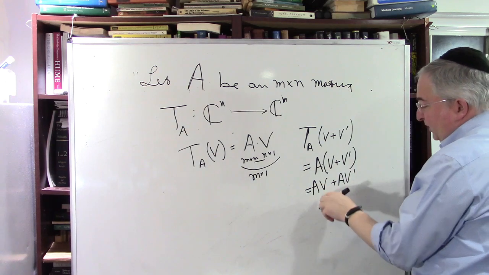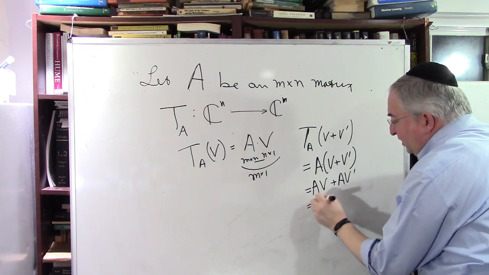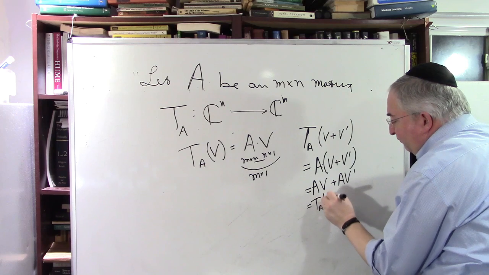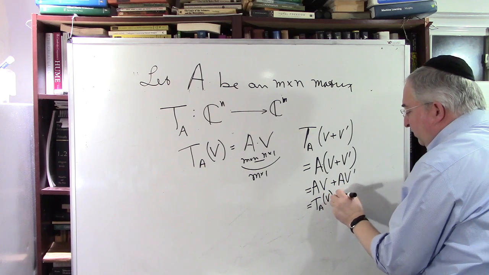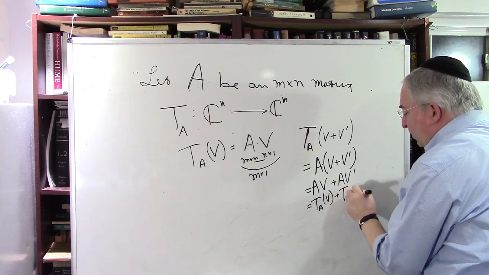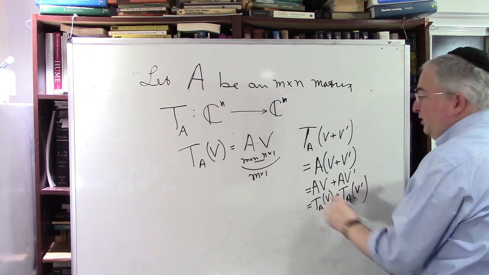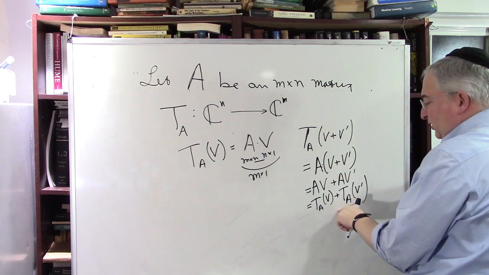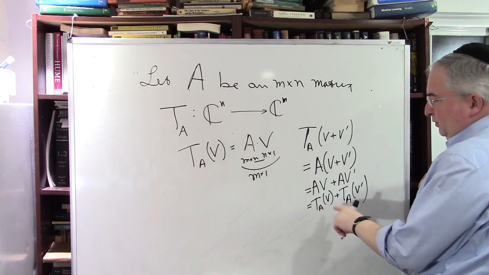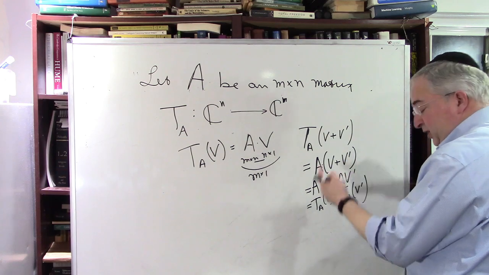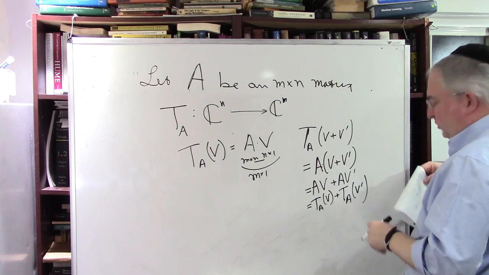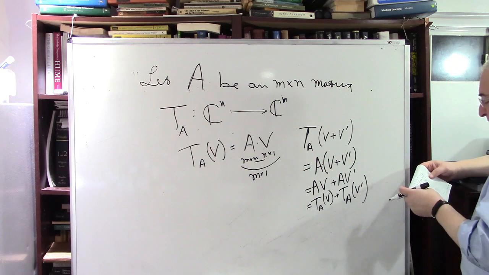And this is another way of saying T of A of V, and this is another way of saying T of A of V prime. So this is equal to this. So it preserves addition. It also preserves scalar multiplication, but we don't have to write that.